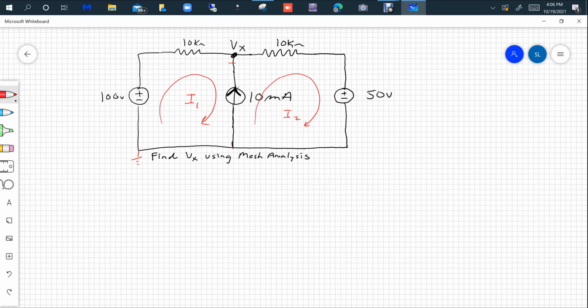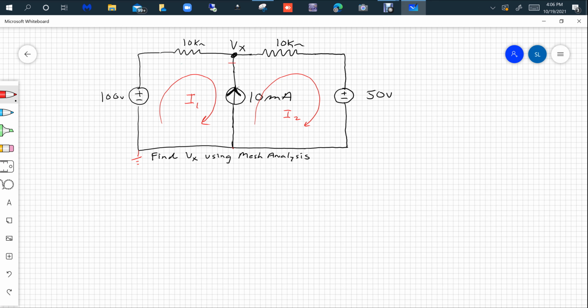It doesn't really make any difference, but to be consistent, I'm going to label everything in a clockwise direction here. You could write your loop equation, but when you go around loop 1, you have that current source to deal with, and if you go around loop 2, you also have the current source to deal with.